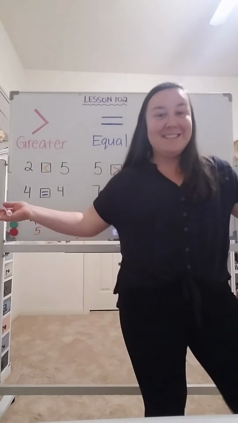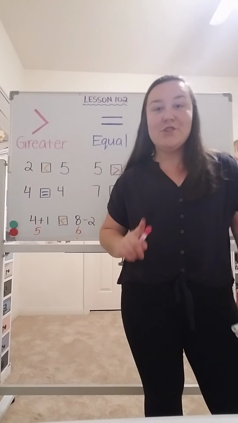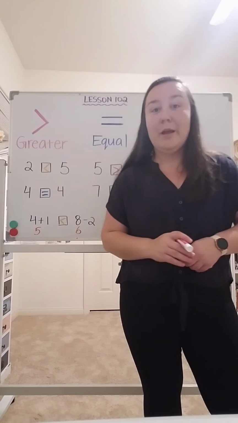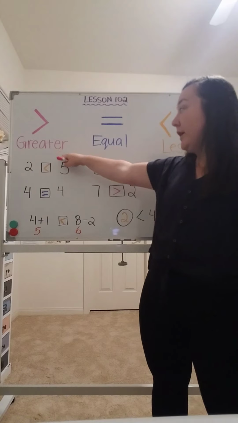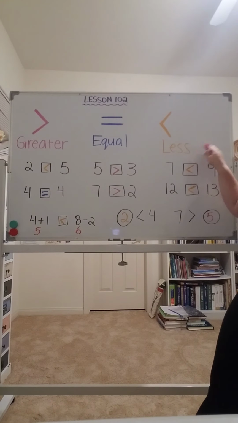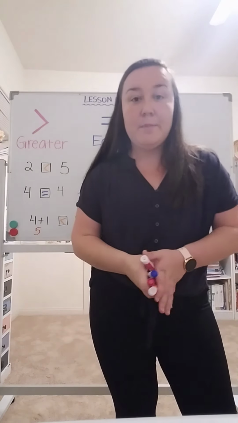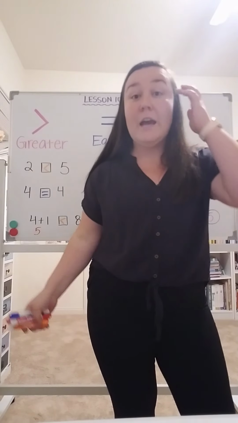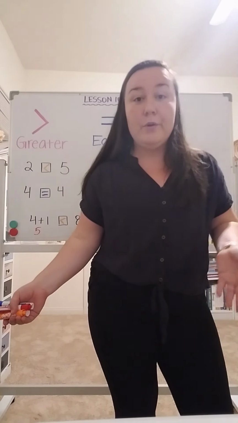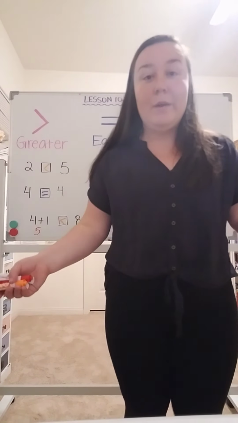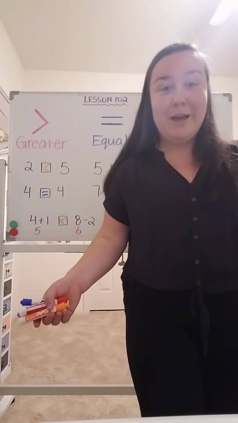So again, that's the lesson 102, where we learn about the comparison symbols, greater, equal, or less. If you have any questions about the problems that I just did on the board for you, just let me know, and I'll be happy to help you out.